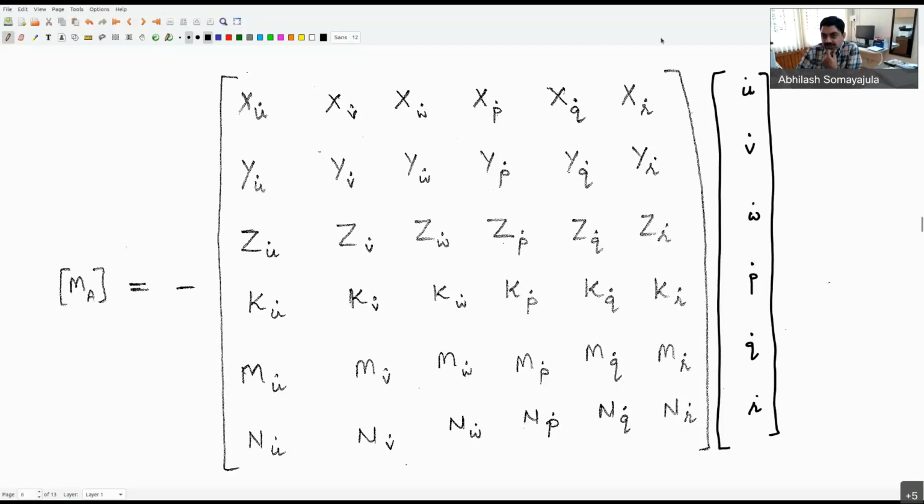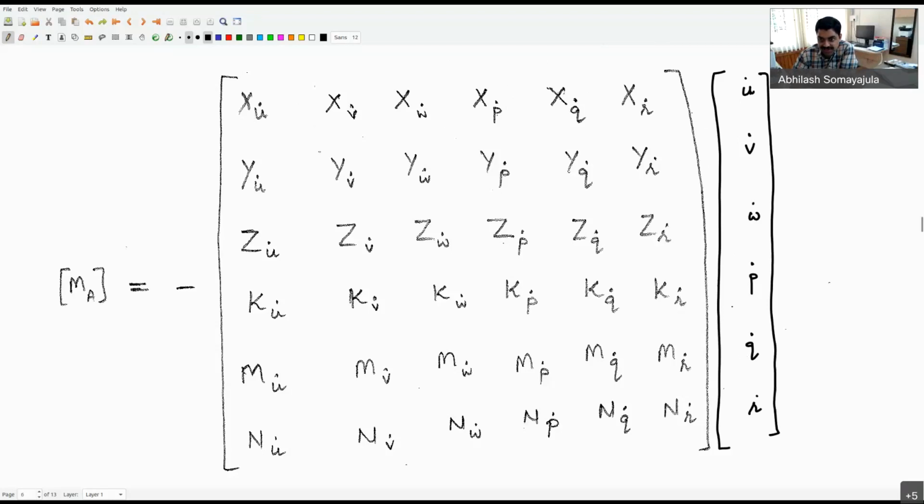X_u dot times u dot, plus X_v dot times v dot, plus X_w dot times w dot, X_p dot times p dot, X_q dot times q dot, and X_r dot times r dot.